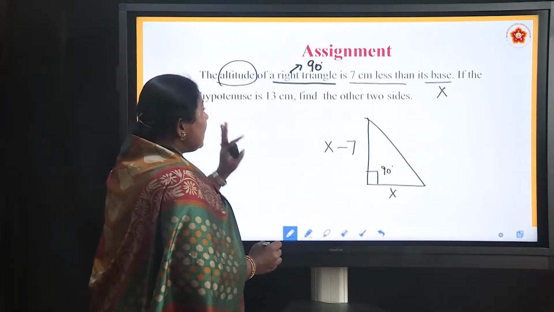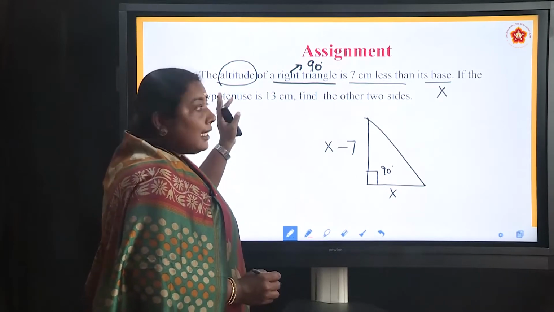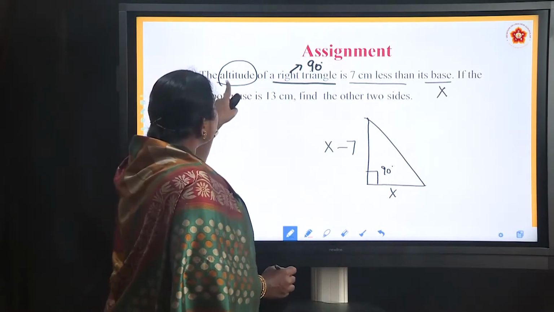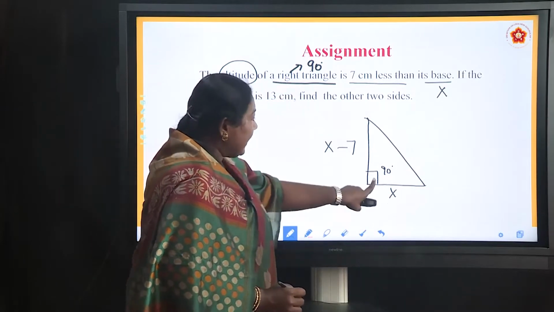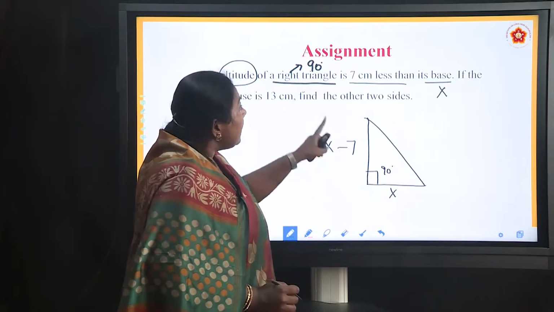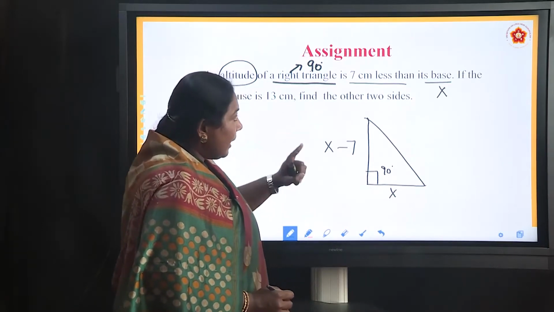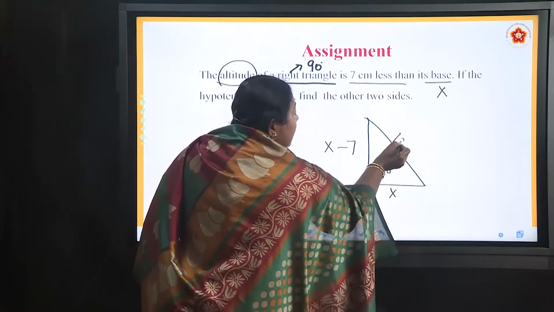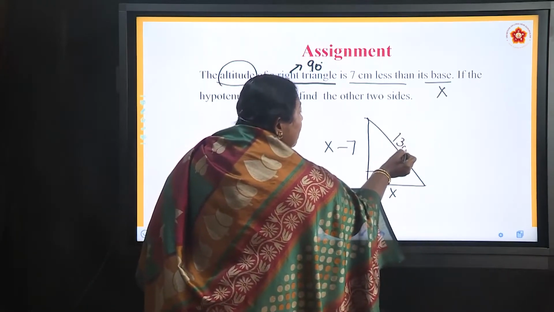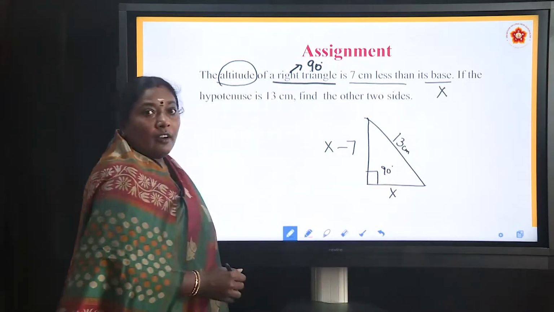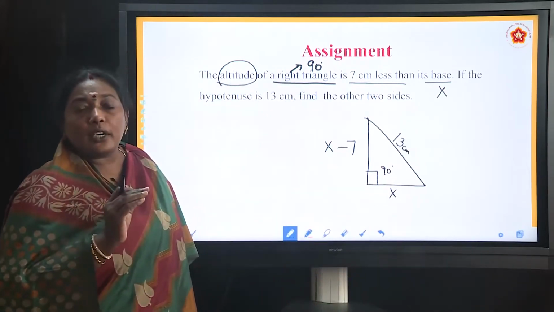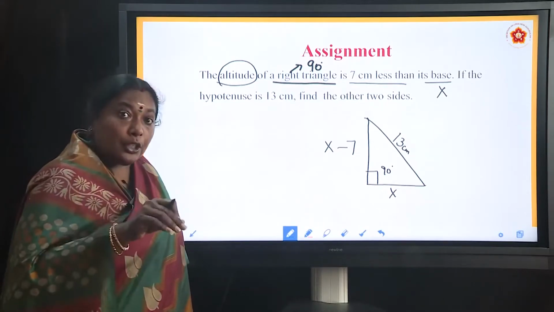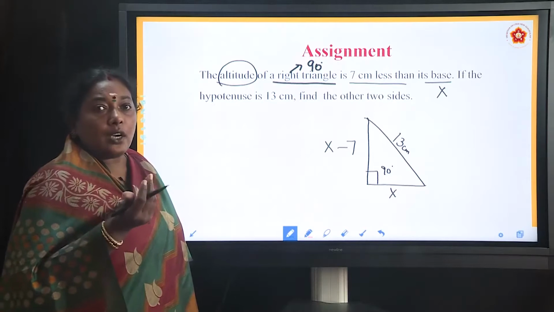Do you understand the question? So, read the question correctly and draw a figure according to it. They have given the altitude of a right triangle. Right triangle means an angle with 90 degrees, and it is 7 centimeter less than its base. If the hypotenuse is 13 centimeter, right triangle is one clue, and hypotenuse is another clue. Where will we use the hypotenuse? If a right triangle is there and the hypotenuse is also given, then what to do?